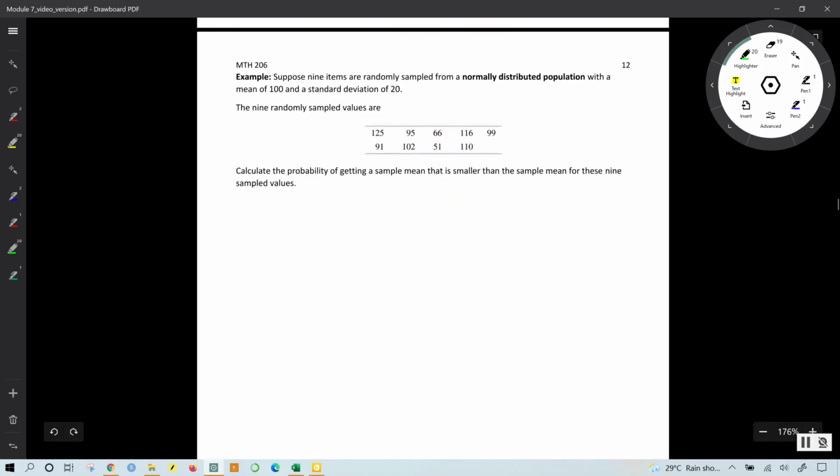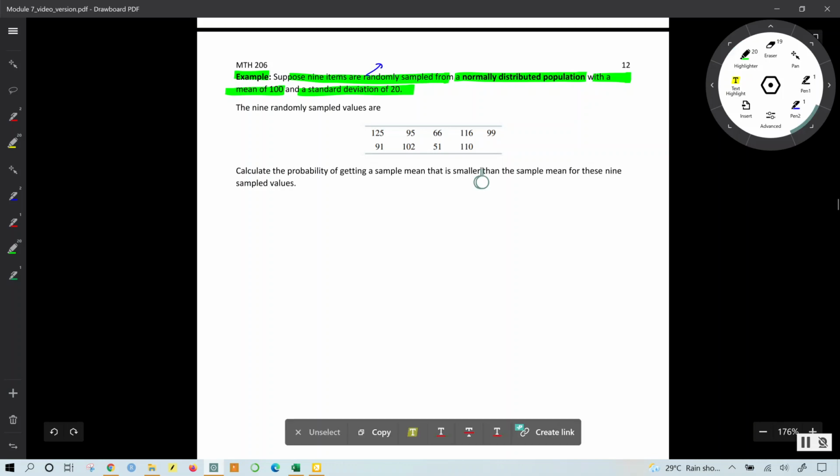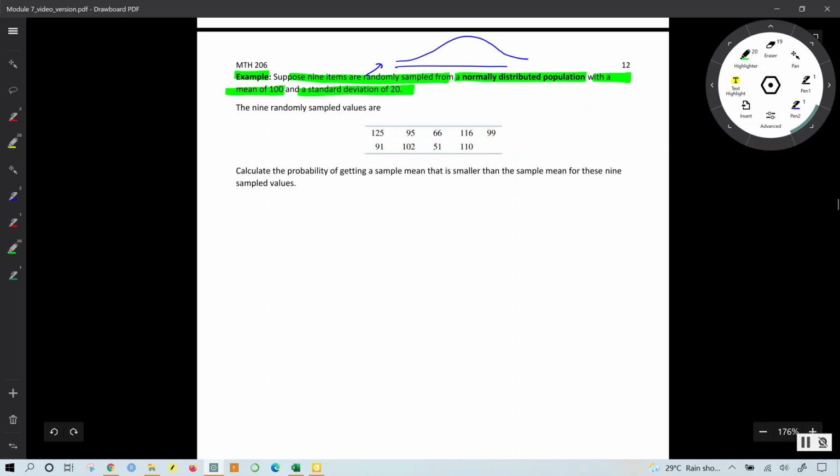In this example, we're to suppose that 9 items are randomly sampled from a normally distributed population with a mean of 100 and a standard deviation of 20. So which means the parent distribution in this case is normal, the mean is 100, and the standard deviation is 20.